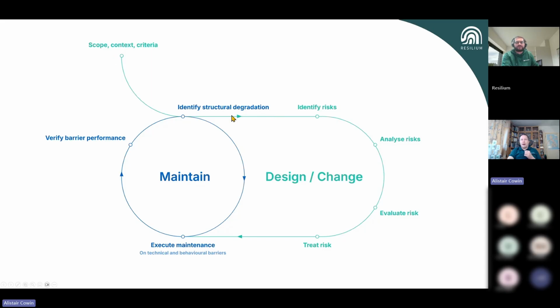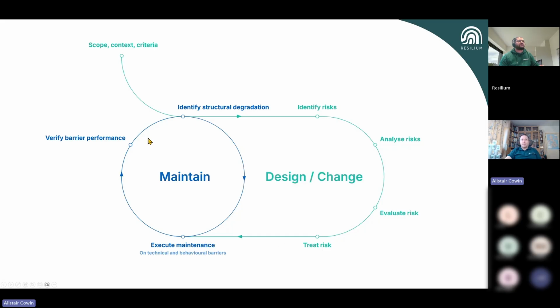So this green line is the design or the change cycle, but primarily it starts in the design. And there's the process safety, the hazard study 0 through 6, they can be aligned with bow ties quite nicely in terms of I understand the nature of the process and therefore the harms that I will have. I can go through and evaluate and talk about the barrier control interventions I must have.